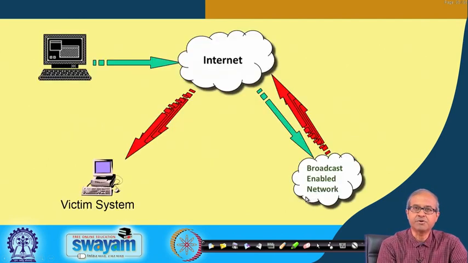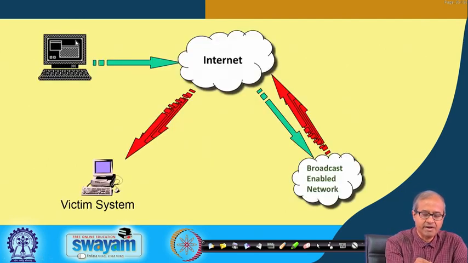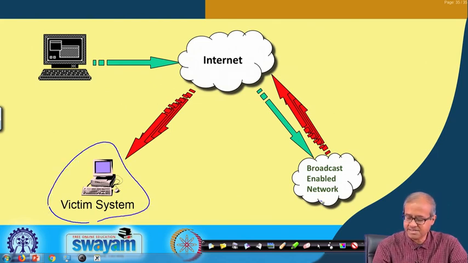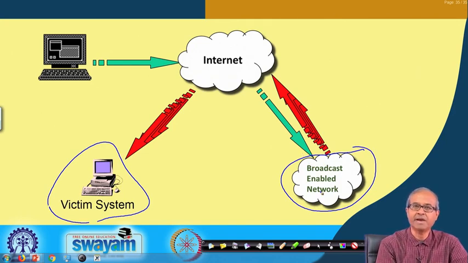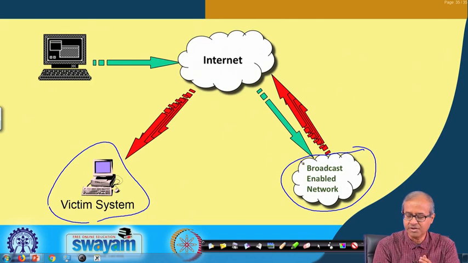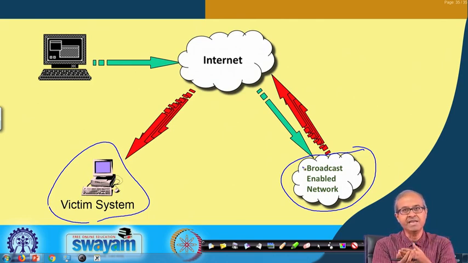So, this is another pictorial depiction, where here we have the attacker, this is your victim system, and this is a network which allows broadcast enabled packets to come. If you want to stop this, your network can reject any incoming packet with a broadcast address as the destination.